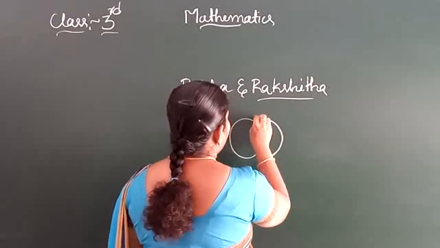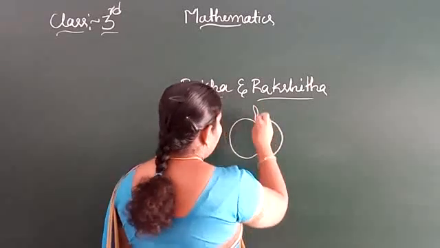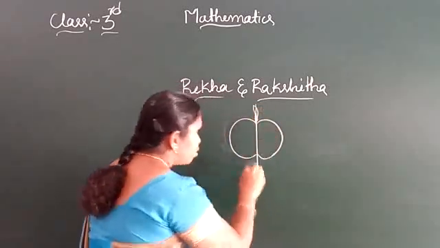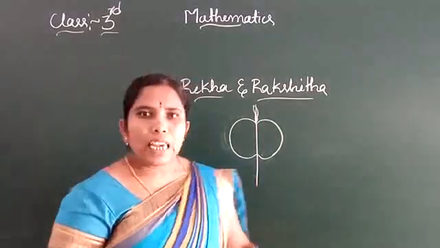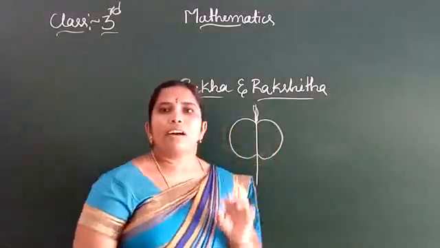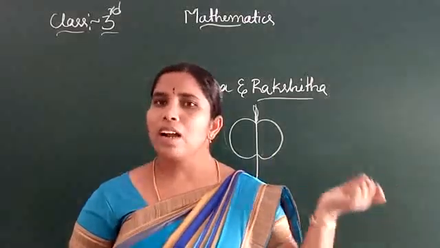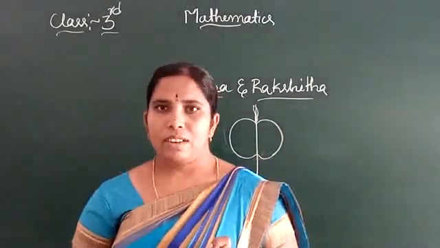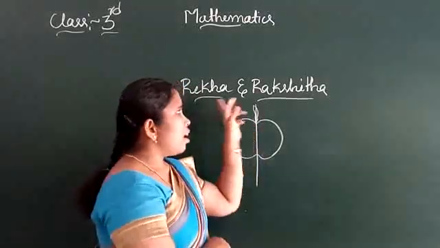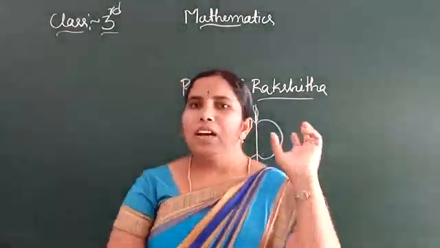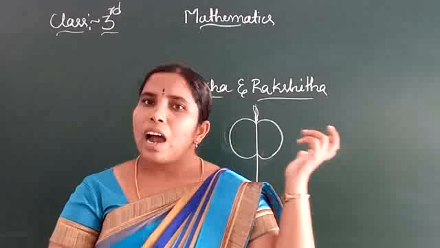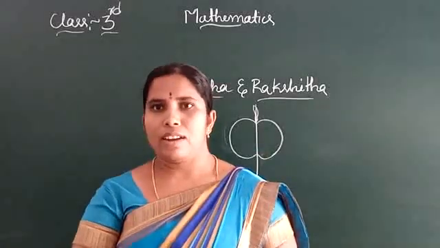See, this is the apple. So we can cut it into two equal parts. Each part is called a fraction. Okay, so both of them get equal parts of the apple. Do you understand?